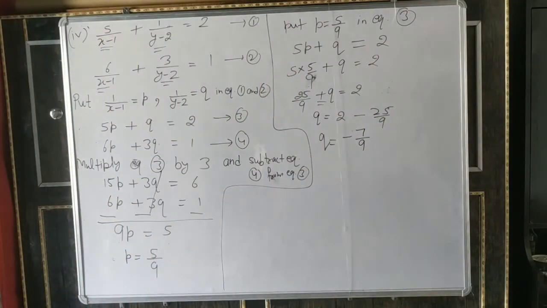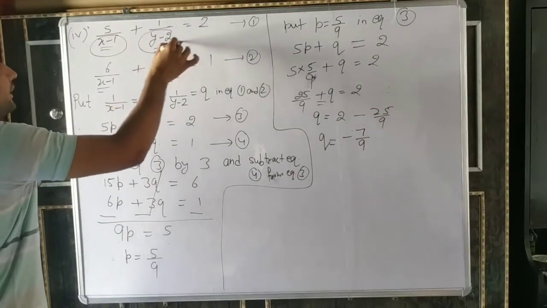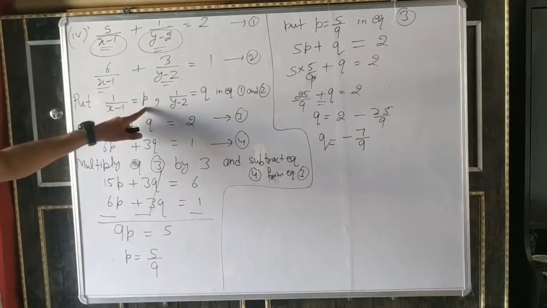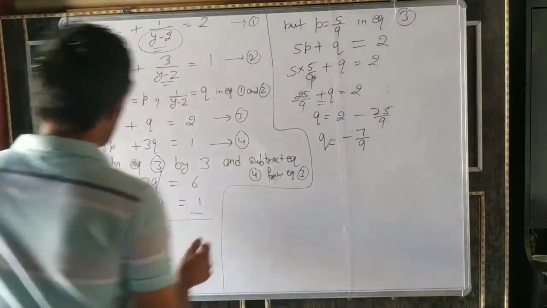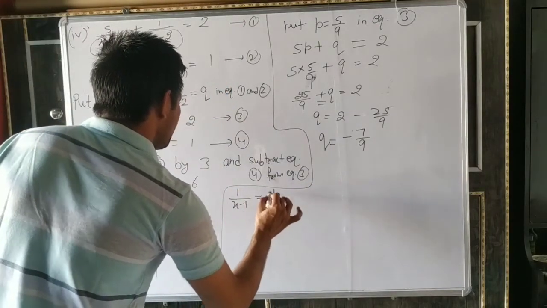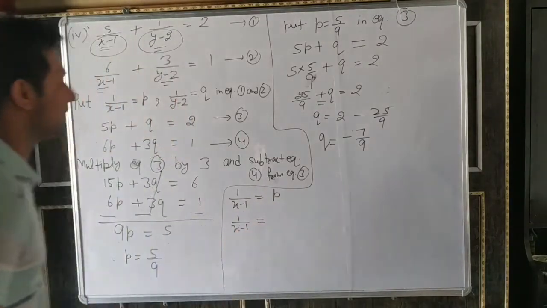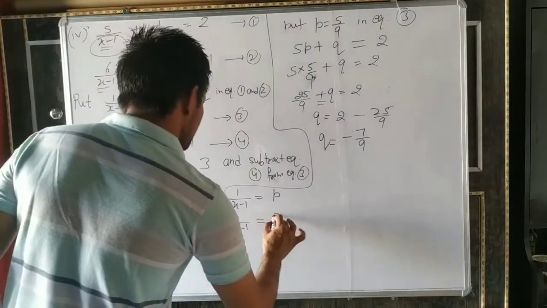But we want to find x and y. So we write 1 upon x minus 1 equal to p, so 1 upon x minus 1 equal to 5 upon 9.